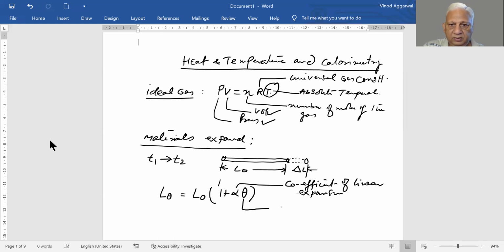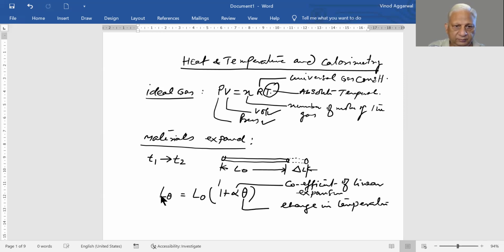Theta is the change in temperature, and this change in temperature is from the temperature at which we have taken L0 to any other temperature theta.